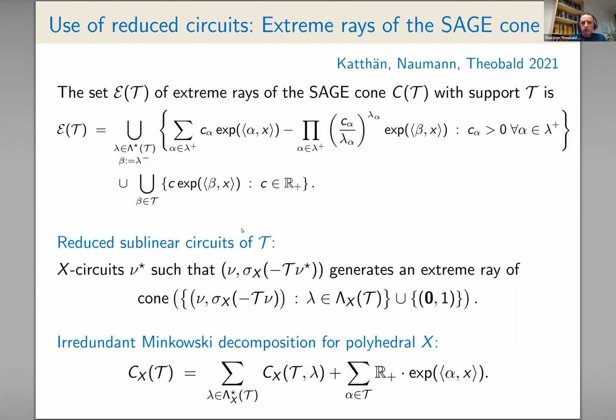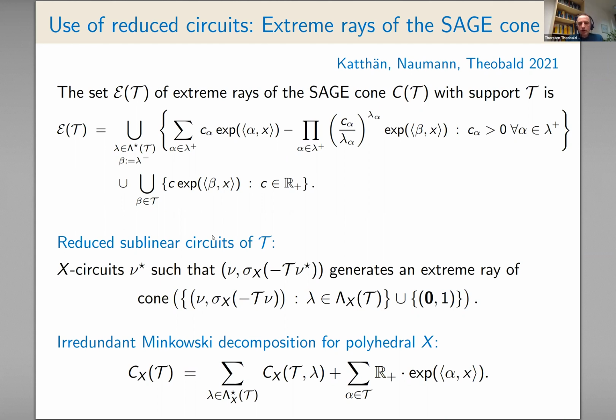And once we have that, it's now possible to describe very nicely the geometric situation of this X sage cone and of the sage cone. Say in the unconstrained situation, we can exactly characterize the extreme rays of this convex cone. This would be an exact description of the extreme rays of this non-polyhedral cone.